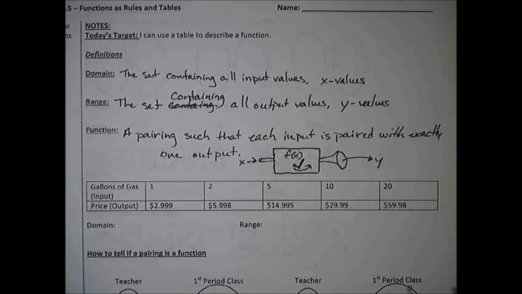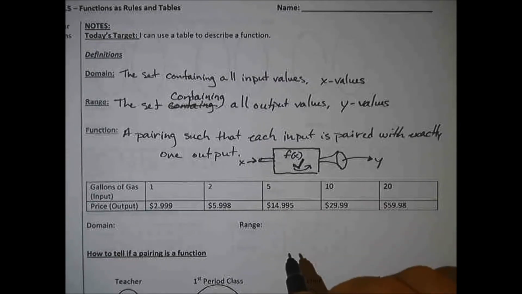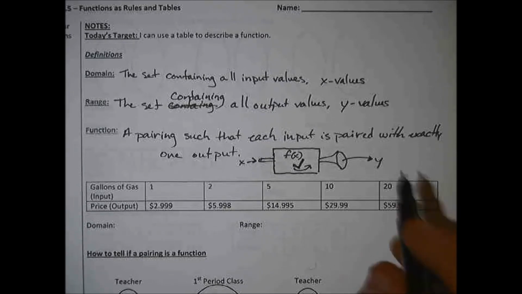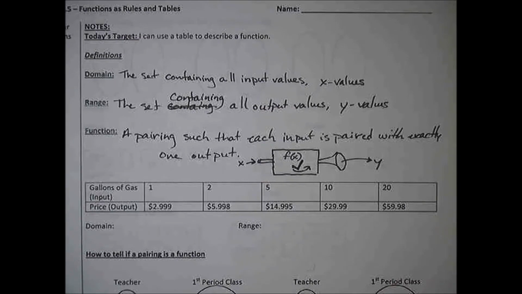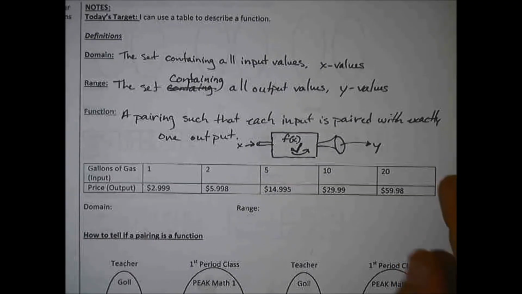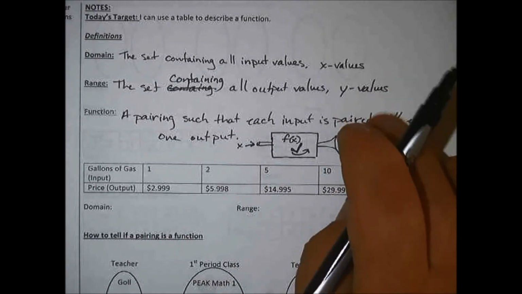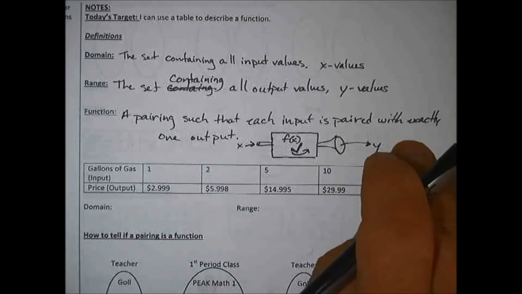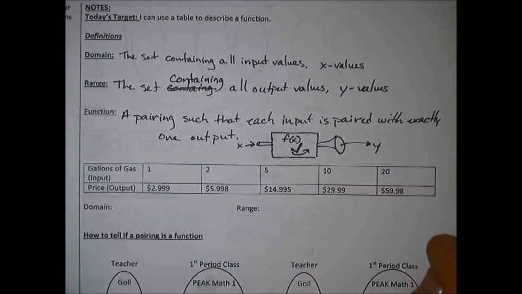We'll look at the idea of function here in a little bit, but for the most part, it's like evaluating functions, which you've done already, where it asks you to evaluate the expression for different x values and find what it would equal. Well, you were actually finding these y values, and that's what we're going to be working with a lot today. But we also have to understand domain, range, and whether something is or is not a function.